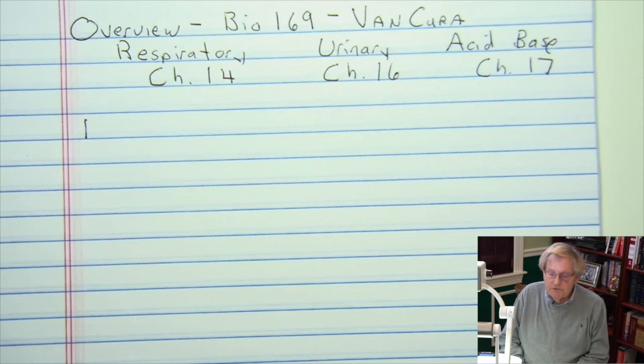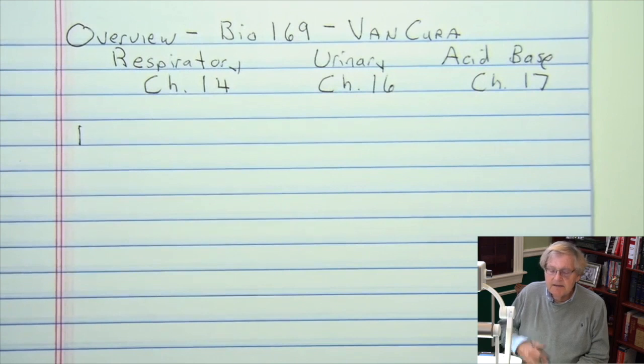Today we're going to do an overview for Bio 169 of three systems. So the respiratory system, which is chapter 14, the urinary system, which is chapter 16, and acid-base, which is chapter 17.